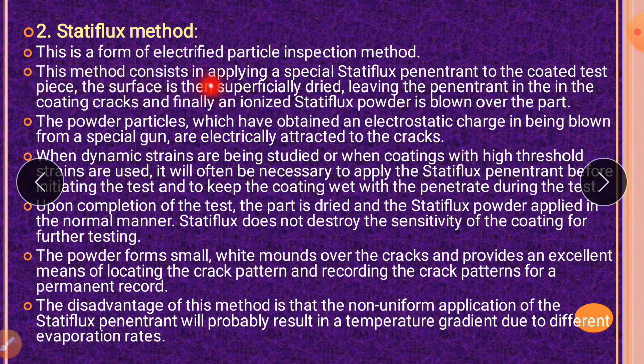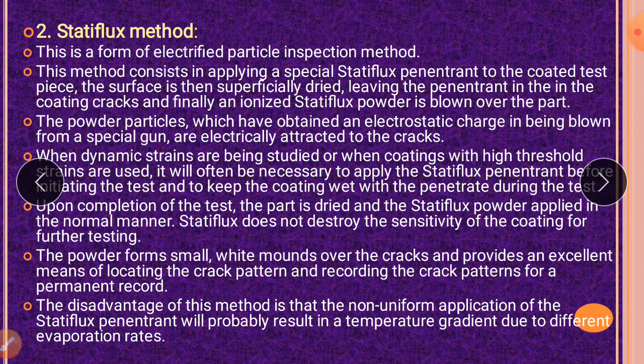This method consists of applying a special Statiflux penetrant to the coating test surface. The surface is then superficially dried, leaving the penetrant in the coating cracks, and finally an ionized Statiflux powder is blown over the part.